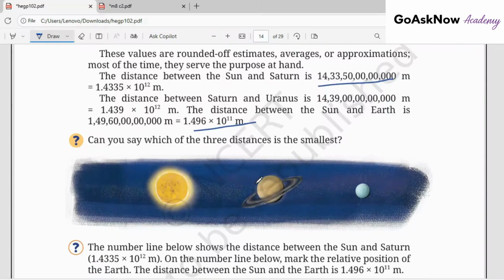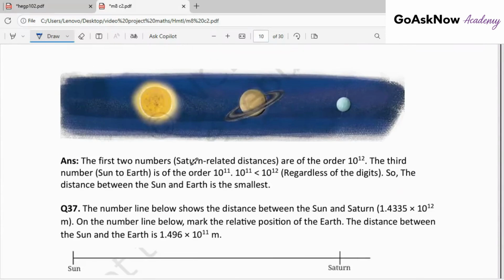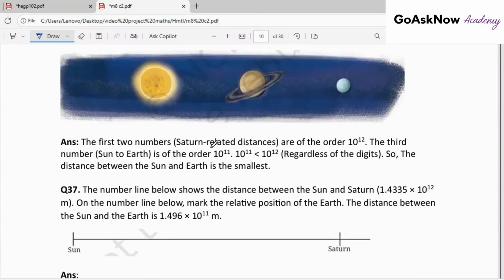Can you say which of the three distances is smallest? The first two distances, related to Saturn, are of the order of 10 power 12. The third, Sun to Earth, is of the order of 10 power 11. 10 power 11 is less than 10 power 12, regardless of the digits, so the distance between the Sun and the Earth is the smallest.